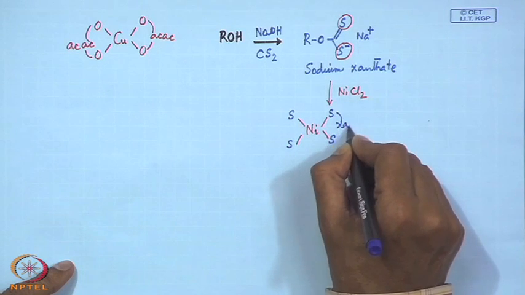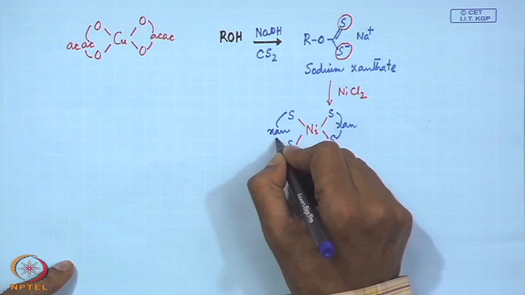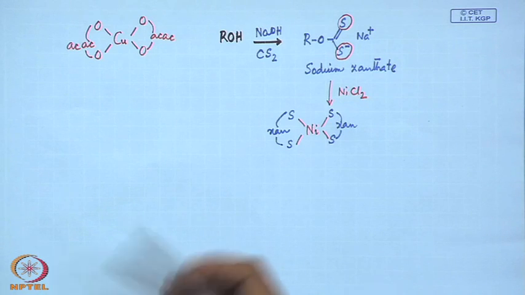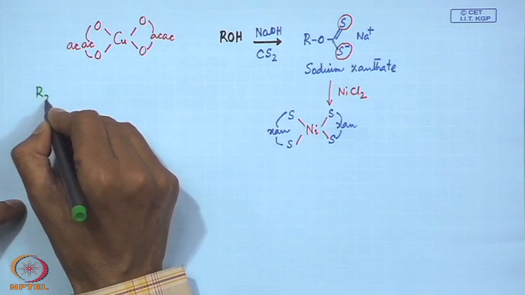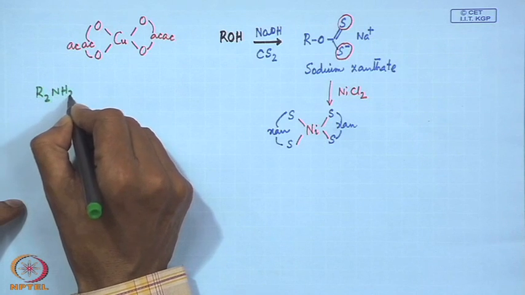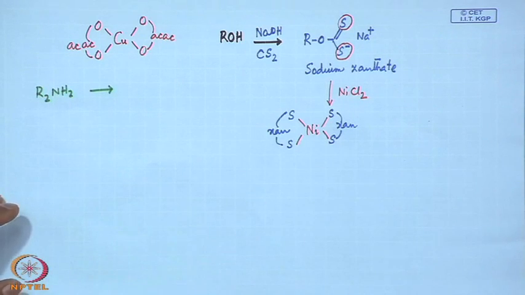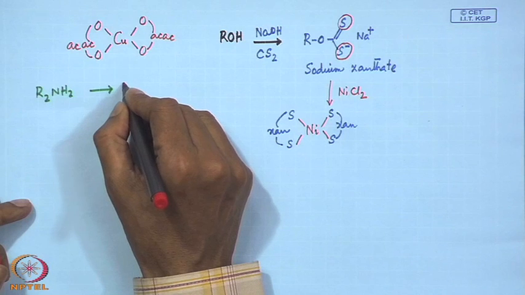So, it will have the xanthate sulfur. Similarly, if instead of alcohol we take the amine R2NH, by doing the same type of reaction we will get the corresponding dithiocarbamates.